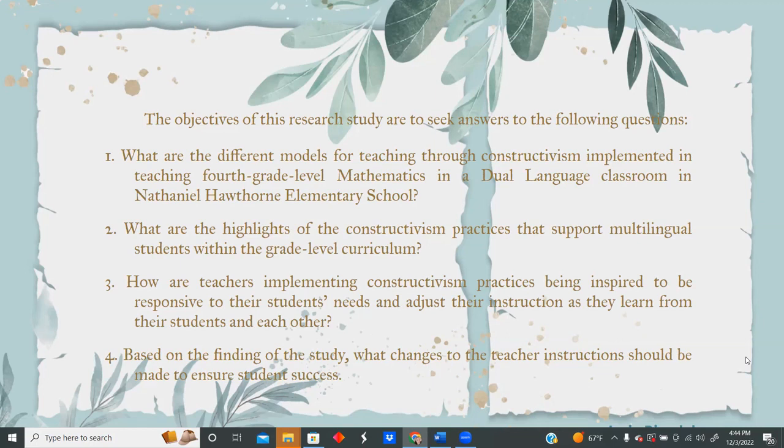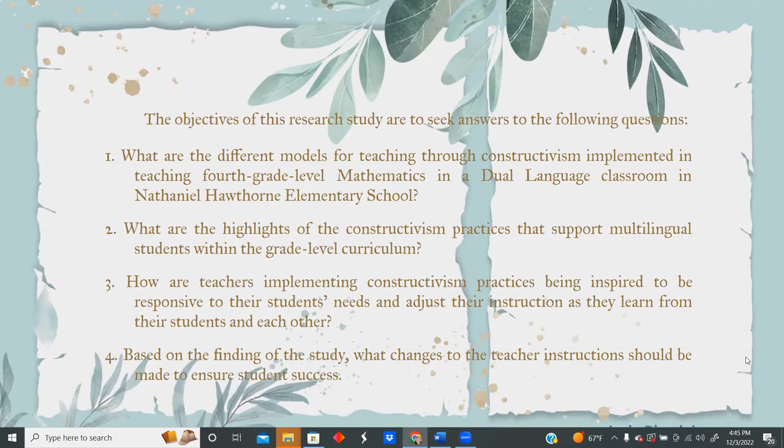I'm hoping that through the study, our teachers would be able to provide our students with a more authentic learning through the hands-on activities, or through the constructivism approach that they will implement in their classroom.